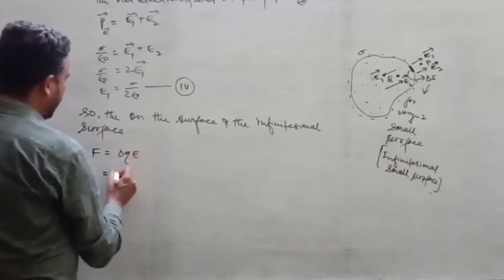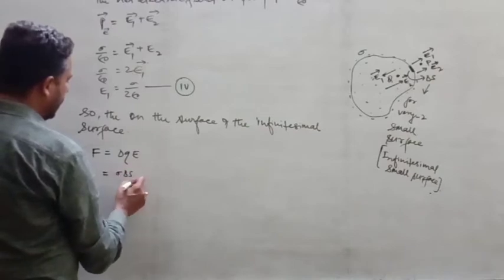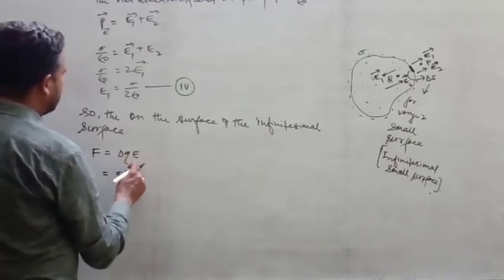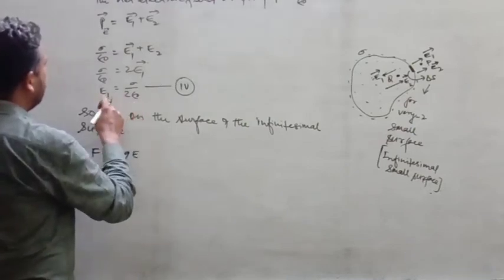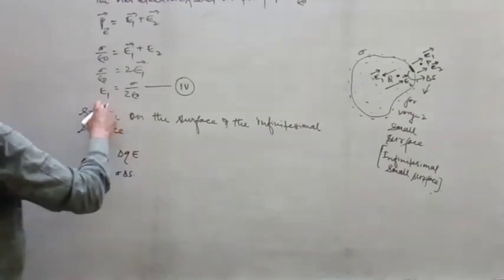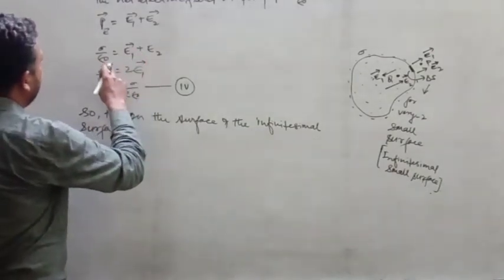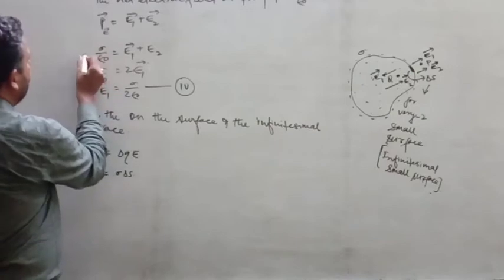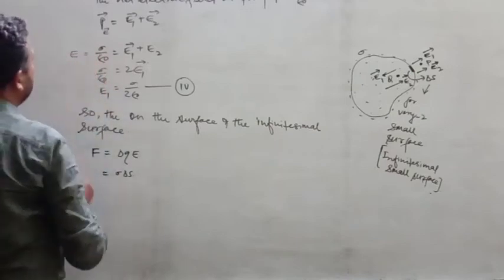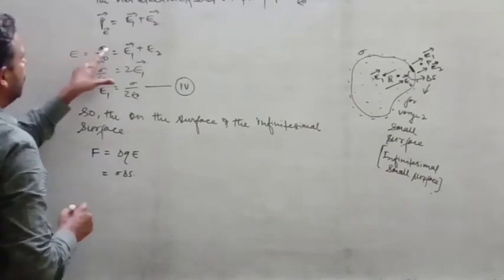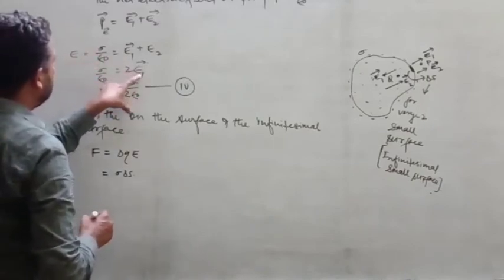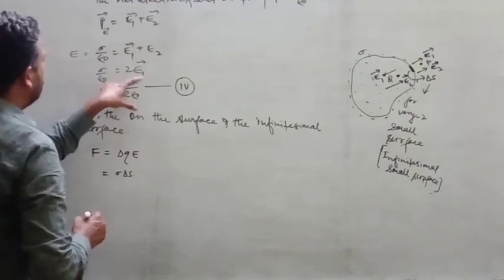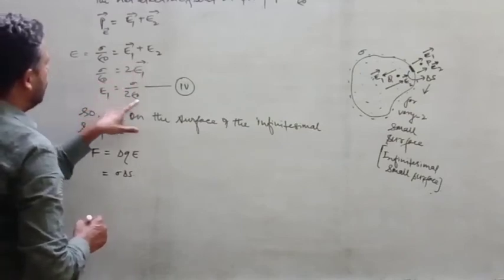We have calculated sigma delta S, and then put the value of this E. Because this one plus this one is the net, and this net is equal to E. So how much is E? Because this is the sum, you find out from here that whether it is E1 or E2, it is equal to sigma by 2 epsilon naught.